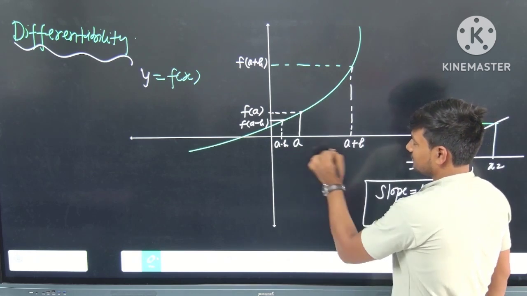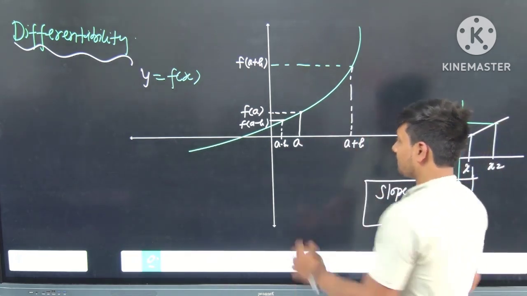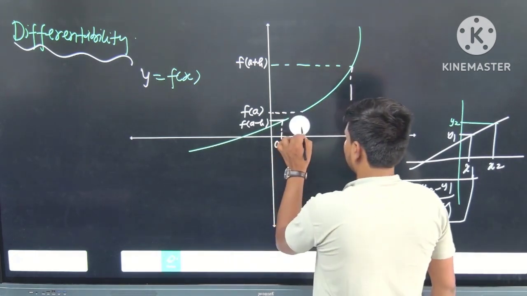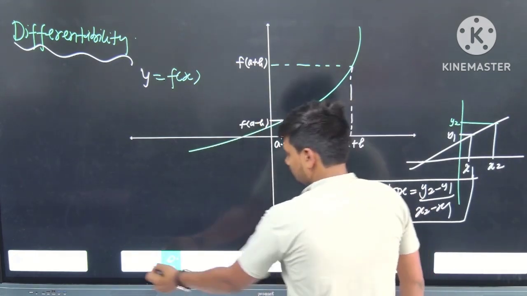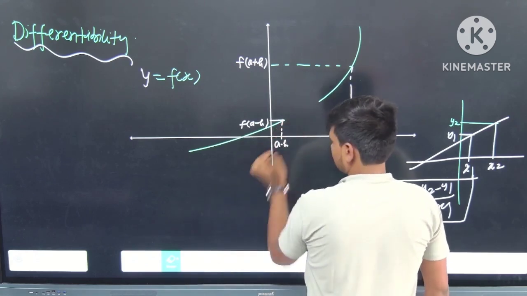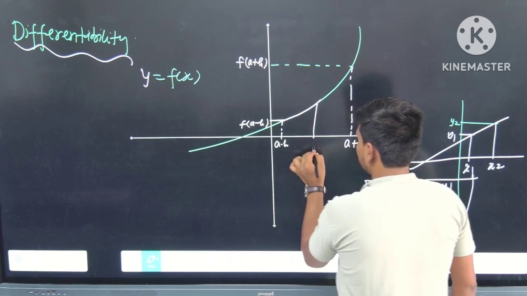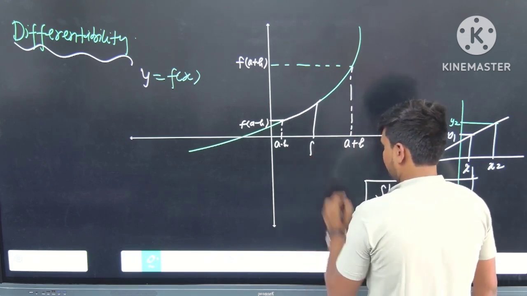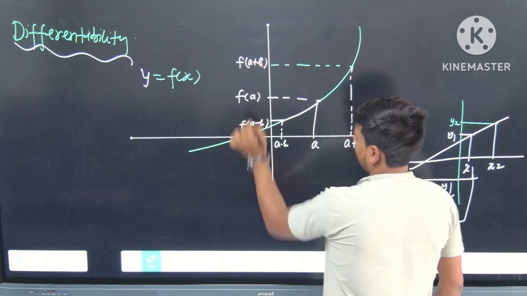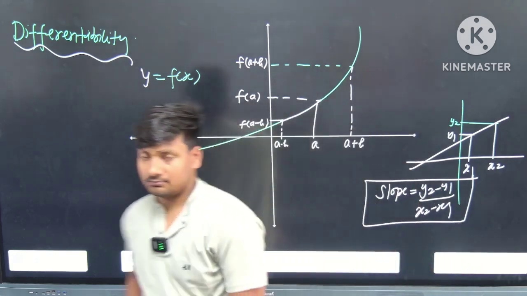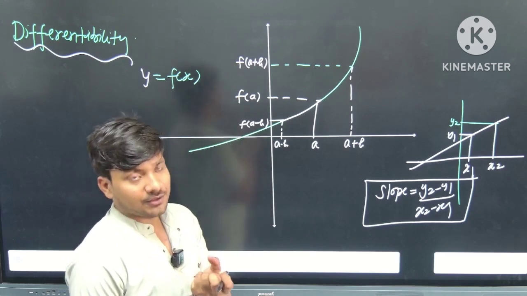Let's make it clear. This is your A, this is f(a). We want to discuss the slope, that is, the existence of a tangent for this function.